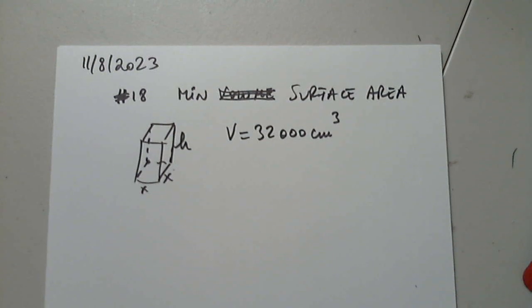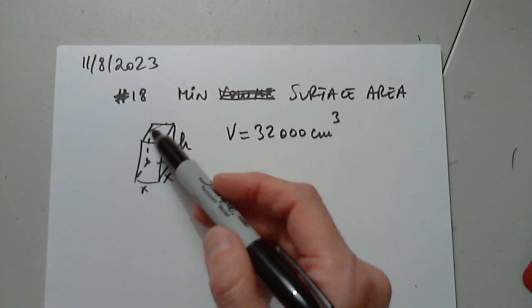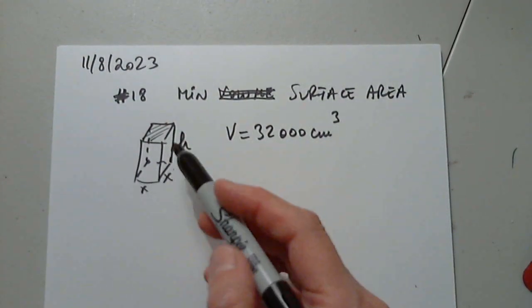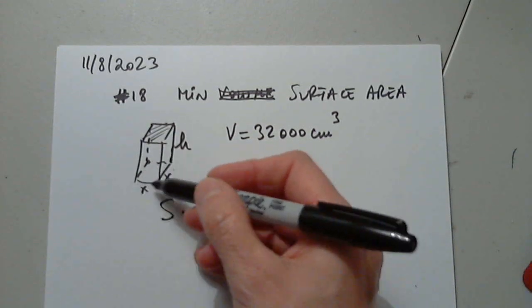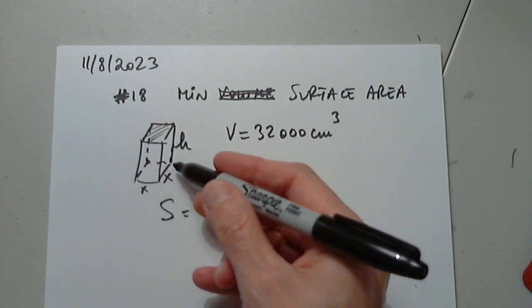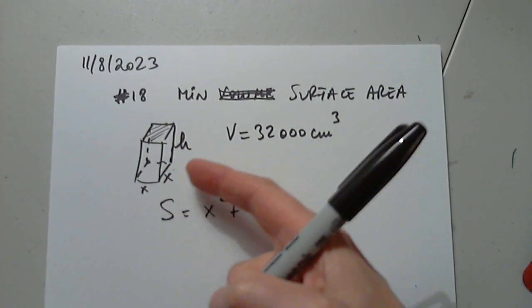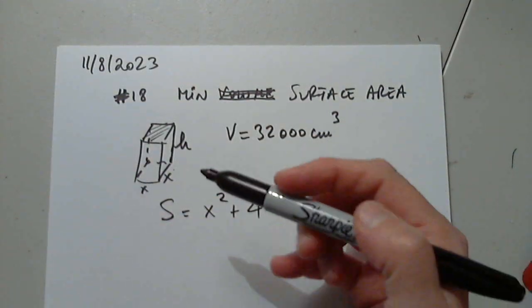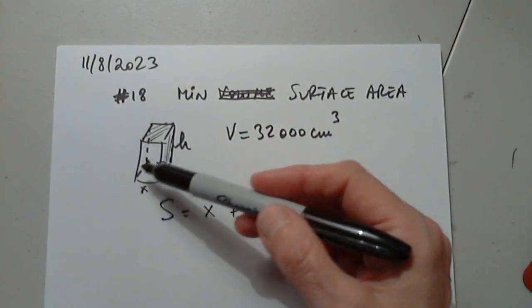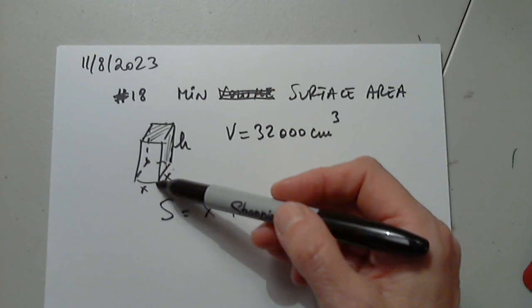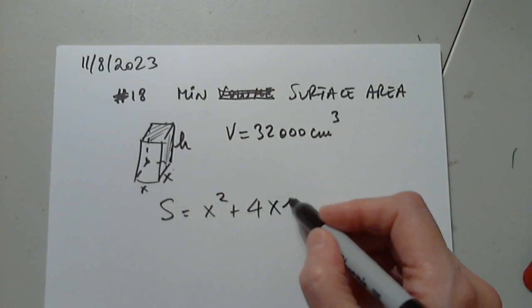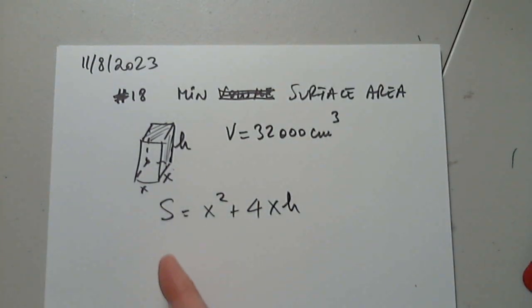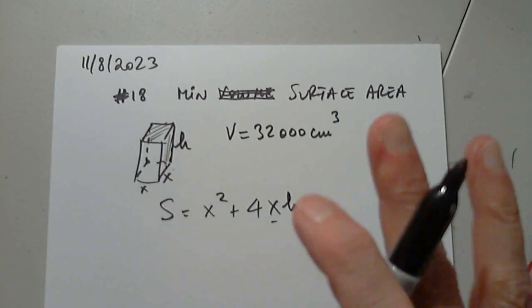Good. So the surface area for such a box without the lid is, first of all, the base, x times x, plus 4 identical sides, because the base is a square, each x times h. So this is our surface area. Now there's a problem because we have x and h.